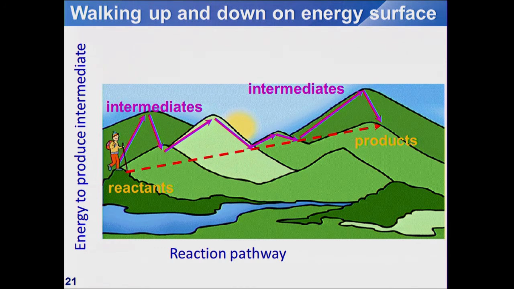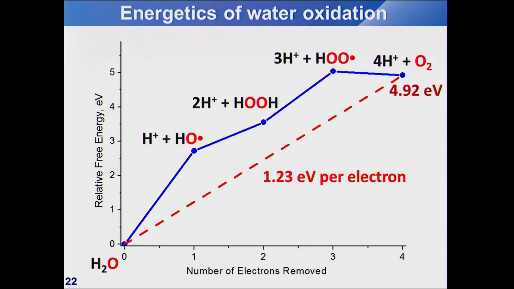But if for some reason this path is not available, he has to go a different way, going up and down the hills. And in that case, the hiker has to use more energy, so he gets tired more quickly, I guess. But the bottom line is that all this energy he used to go up and down the hill is wasted, because what he really needed to do is to go straight. And that basically represents the chemical reaction pathway.